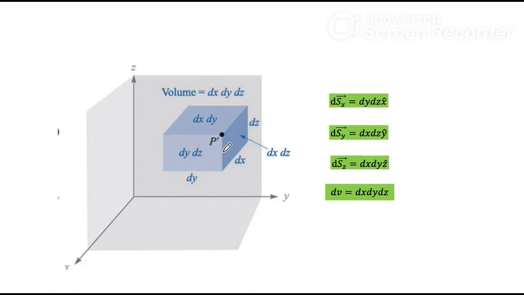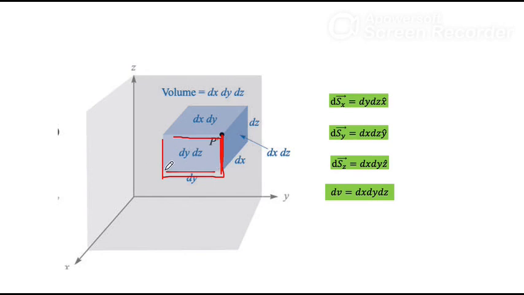Now if I ask you what is the area of this particular face, to get the area I need length and width. Let us say I am assuming the lengths as dx, dy and dz. So the face area is dy if you move along the y-axis, and dz if you move along the z-axis.